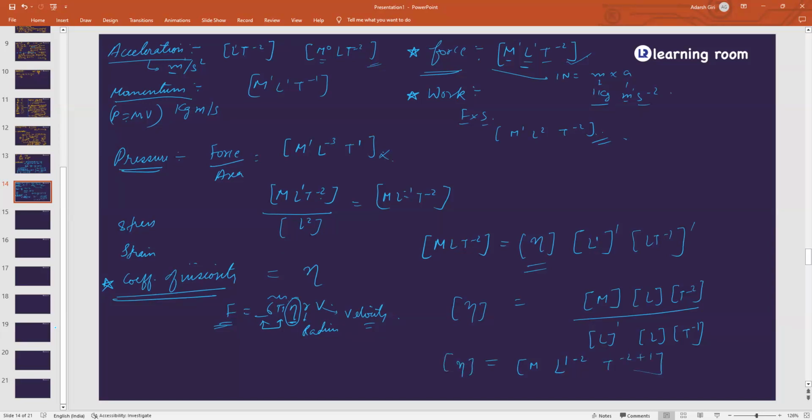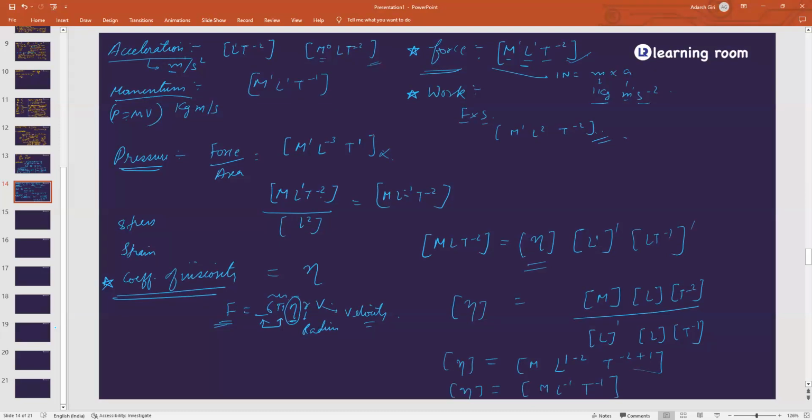Understood? Any doubt? If you do not understand this, you won't be able to solve the other parts of dimensions. You get this as the dimensions of eta: M L minus 1 T minus 1. Got it or not?